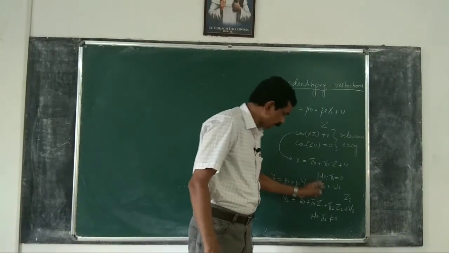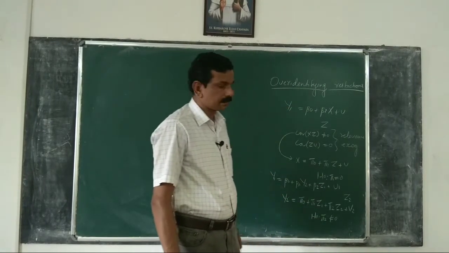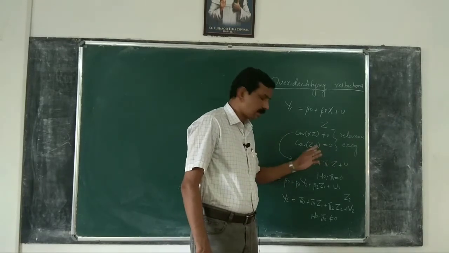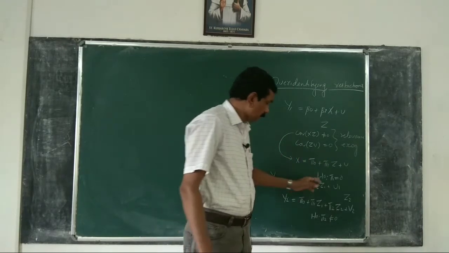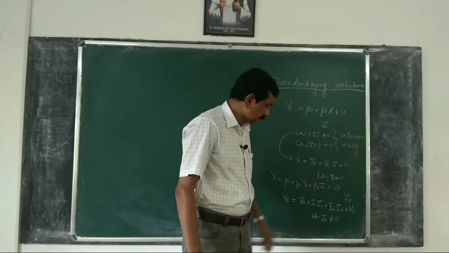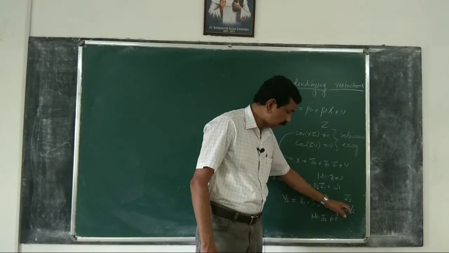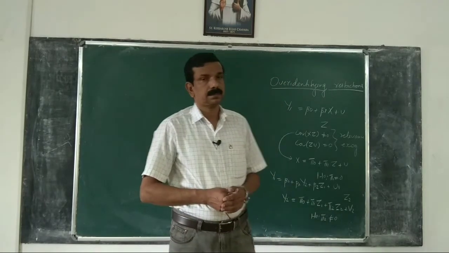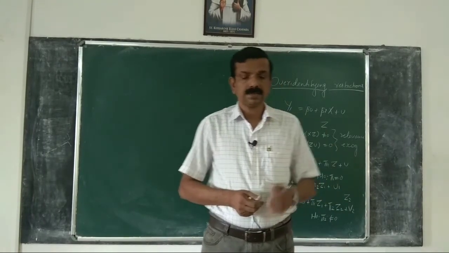These are the identification conditions we have discussed. In the case of multiple instruments, say z2 and z3, we test pi 2 equal to pi 3 equal to 0 using an F-test.